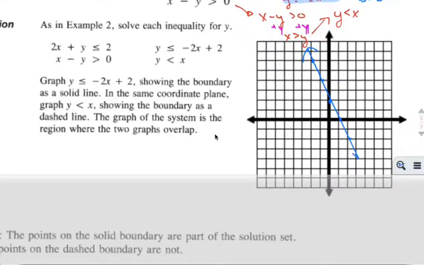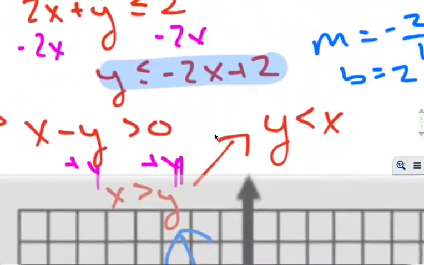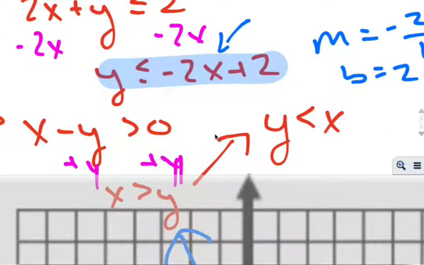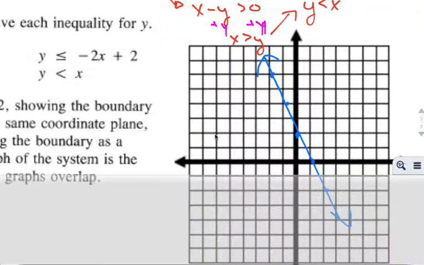I know it's solid because it is less than or equal to. And y is less than or equal to means below, so below that line would be on this side.